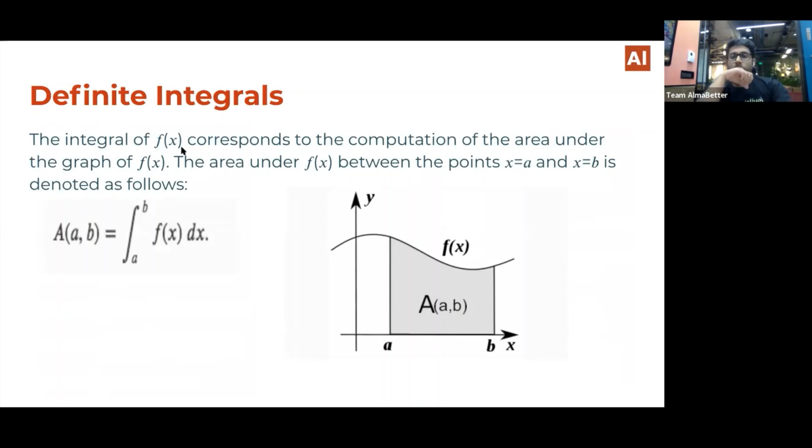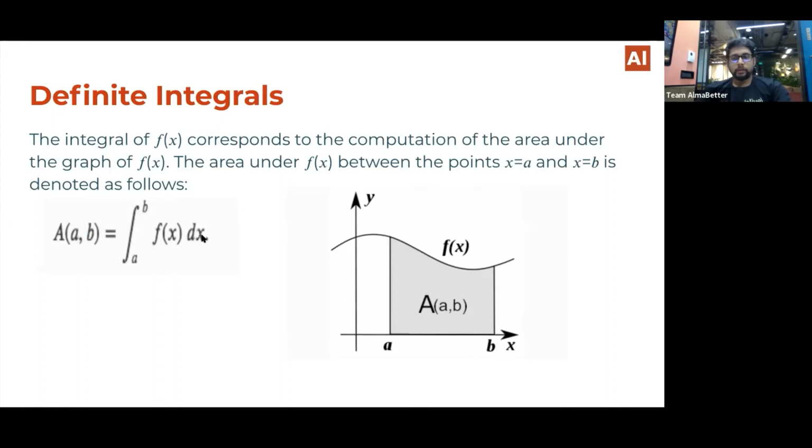The integral of f(x) corresponds to the computation of the area under the graph of f(x). This is the definition of a definite integral. It is denoted by two limits: you write the lower limit here, the upper limit here, then you write the function, and then you write the differential with respect to the variable with respect to which you are integrating.